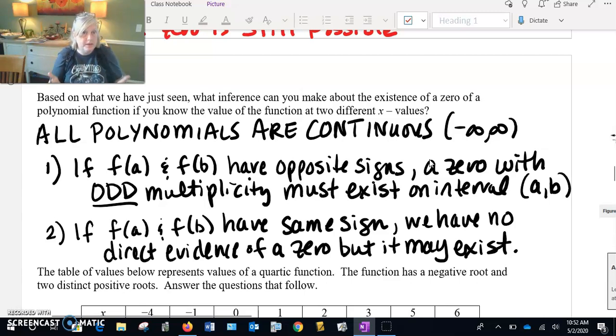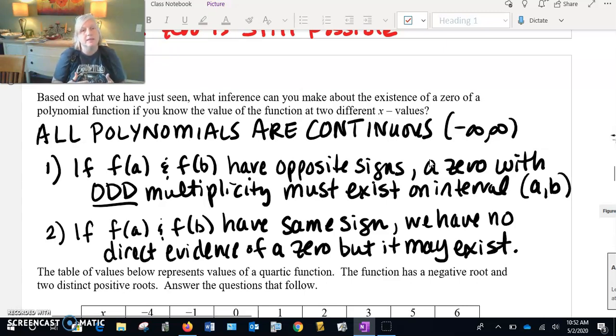So there has to be a 0 there. It had to cross the x-axis. That's what this theorem is basically guaranteeing, that there's an existence of a place where you crossed the x-axis because the function was continuous. And hopefully you see why continuity is a requirement for this.